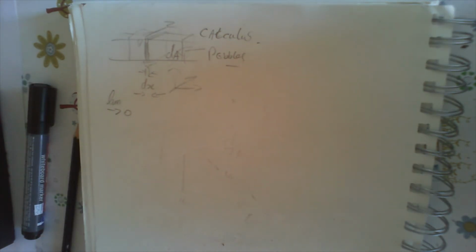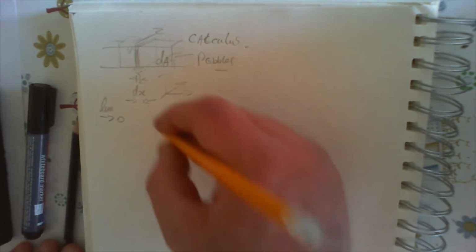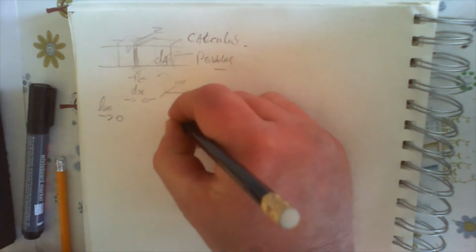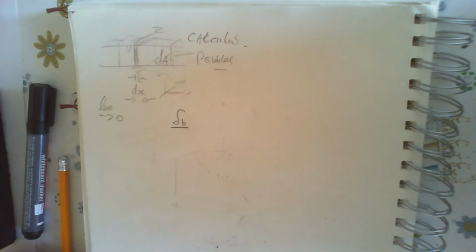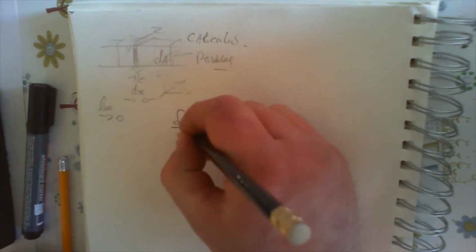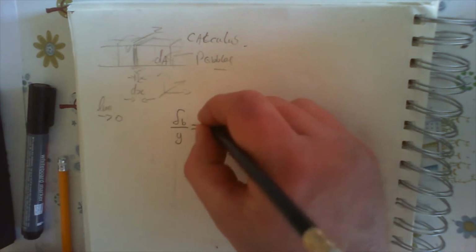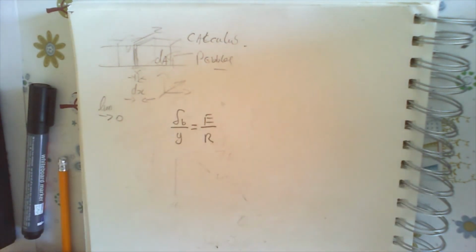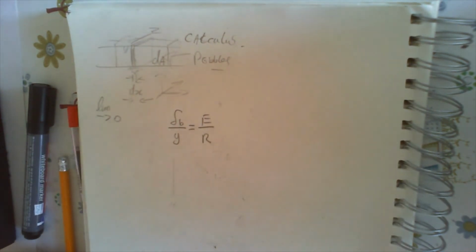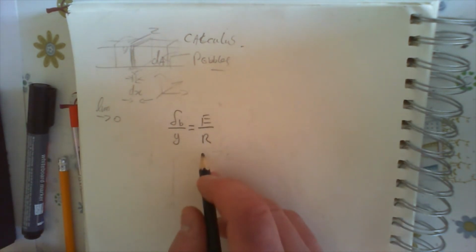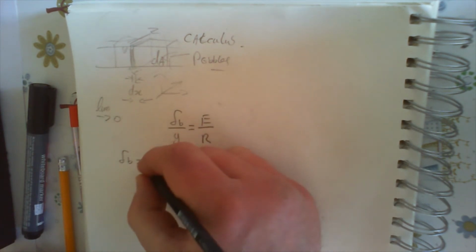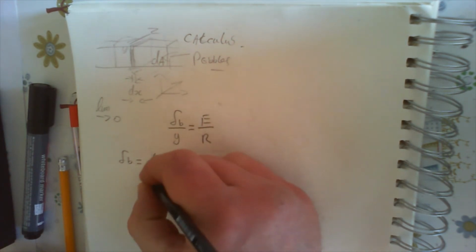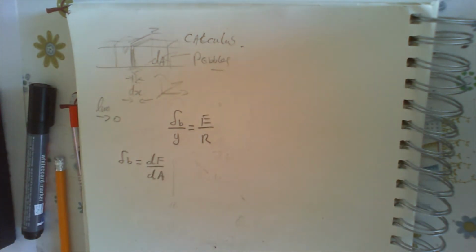So if we're looking at the bending stress, and we had that over y equals Young's modulus over the radius of curvature. What we want to find out is that the bending stress is going to be dF over dA, right?